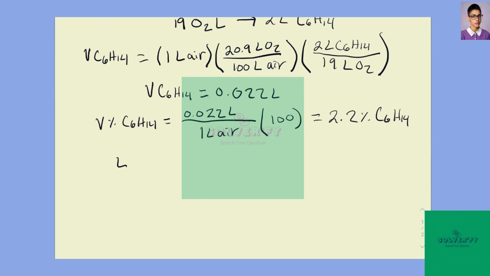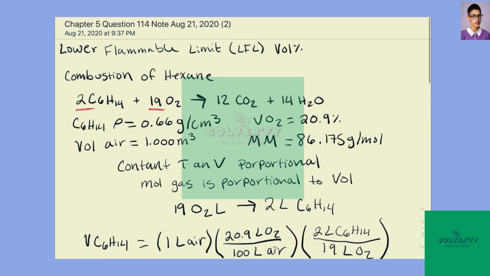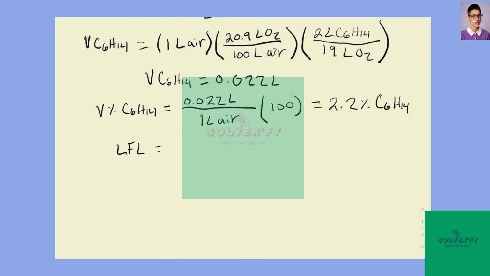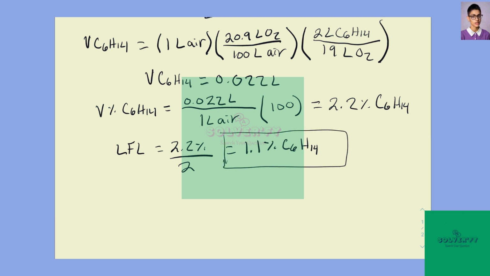So the lower flammable limit is usually half of the stoichiometric concentration of our balanced equation. So we're going to divide this 2.2% by 2, so 1.1% C6H14. So this is our lower flammable limit of hexane.